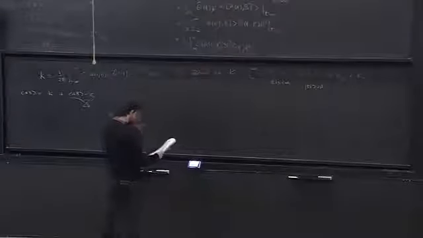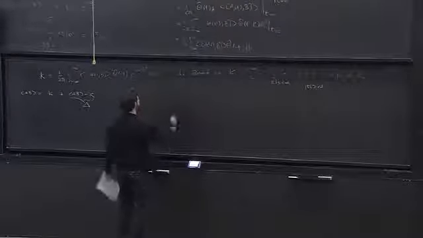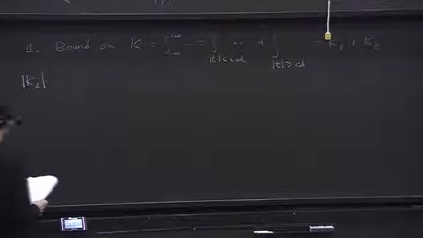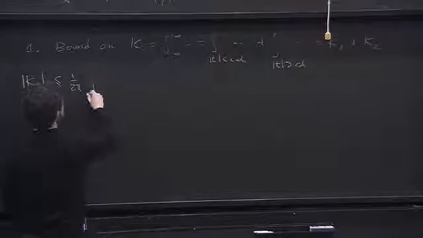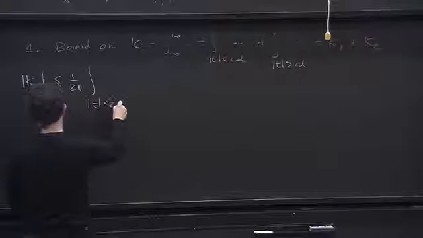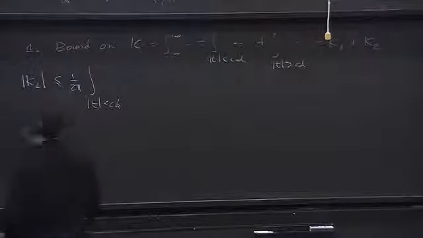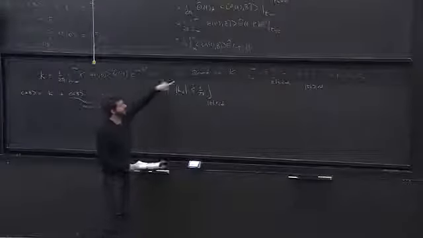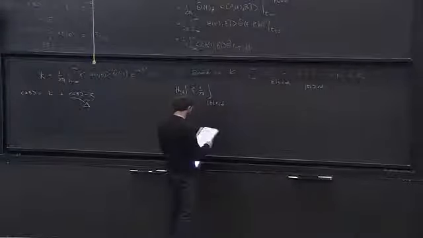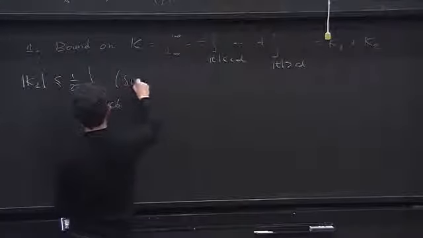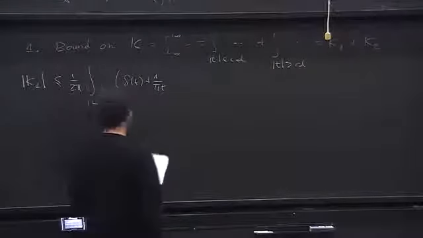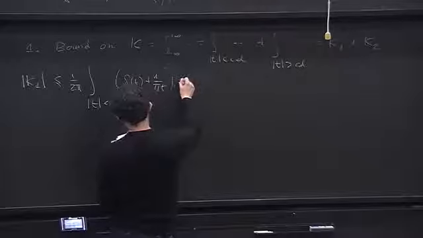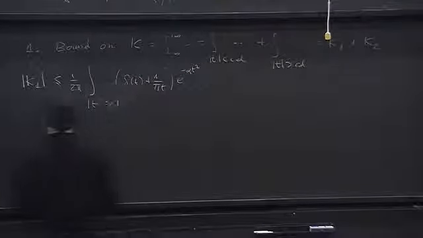Okay, first of all, bound on K1. So this thing will be smaller than 1 over 2 pi, integrating in the short time domain. Now, what is this function? We read out there. It's the Fourier transform of the step function. So it's delta t plus 1 over pi t. Then I have my Gaussian tail. And then I have my commutator.